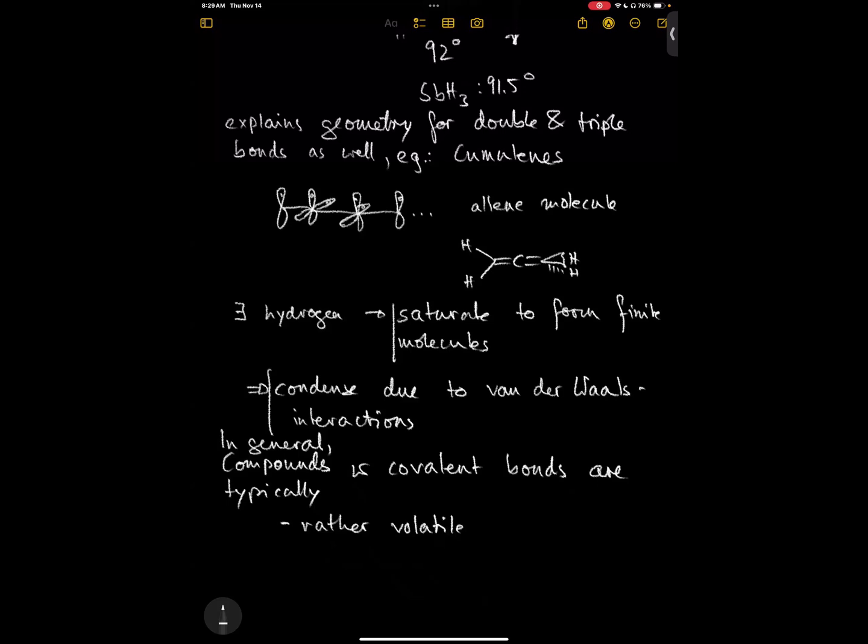So think of all the molecules we encounter on a daily basis in terms of smell, odor, right?